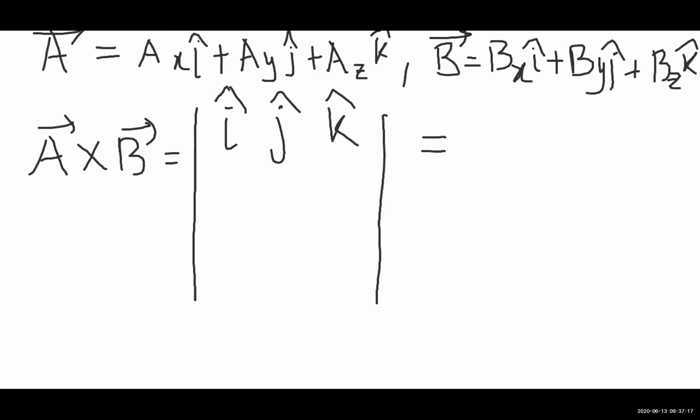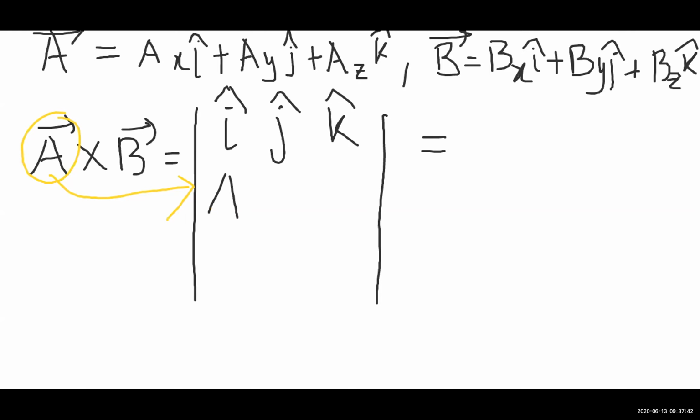The first row must necessarily be i cap, j cap and k cap in that order. The second row must necessarily be the coefficients of i, j, k of the first vector.